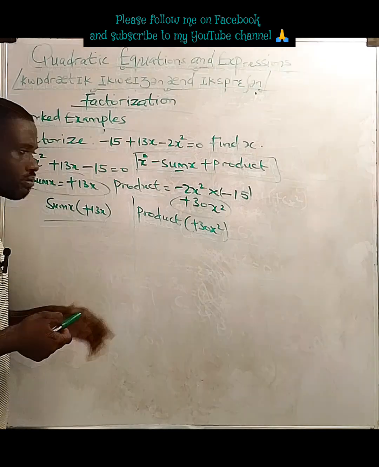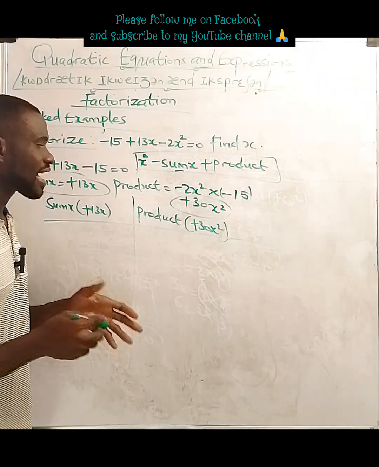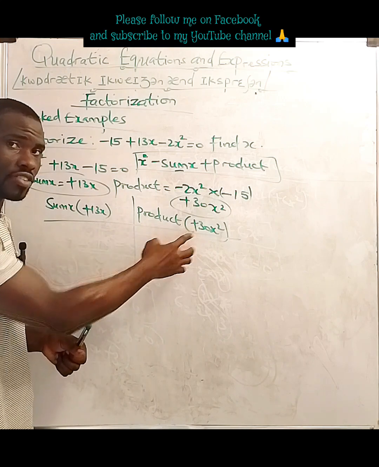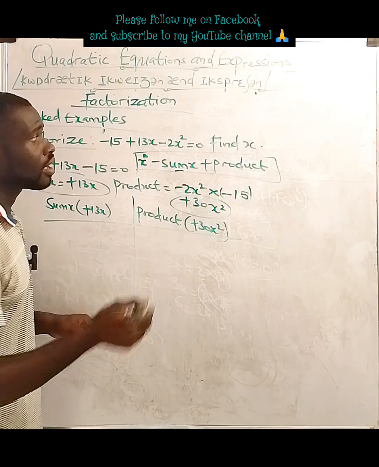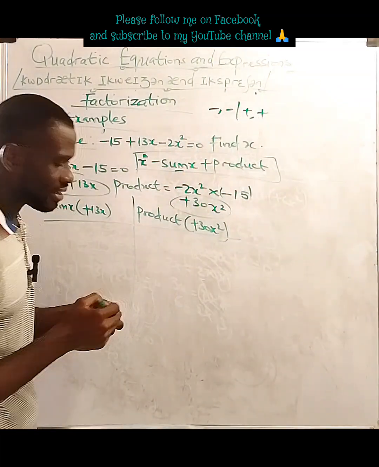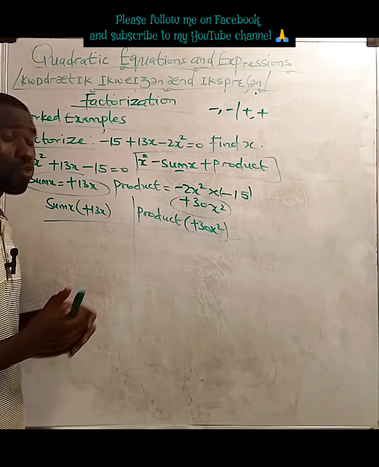Now, first of all, let's look at the product. What kind of sign does the product have? The product has a positive sign. So for the fact that the product has a positive sign, it means two identical signs, either minus minus or plus plus, came together to bring about this very quadratic equation.